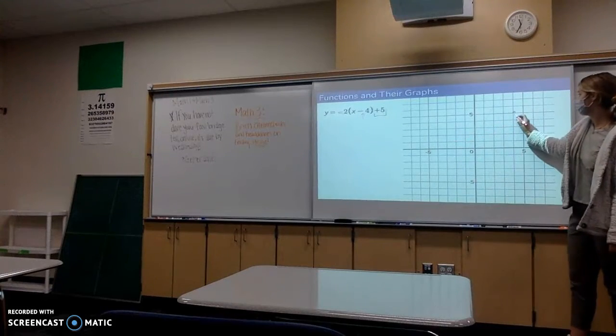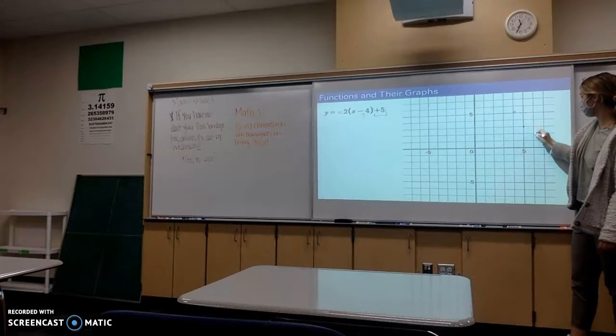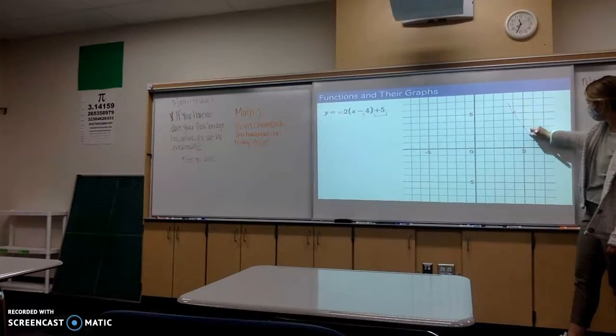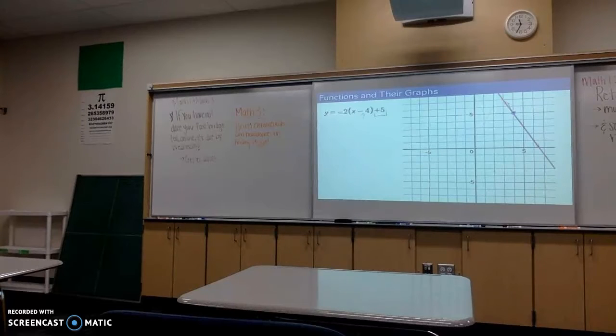So every one I go over, I'm going down 2. Go over, down 2. That's our line right there. Let's see if you're right. Nice. All right. Erase this.